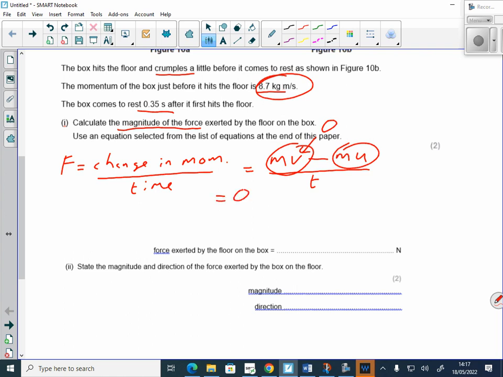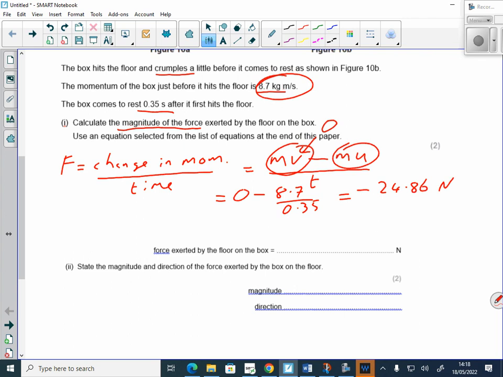So actually what we get is 0 take away 8.7, all over the time, which is 0.35. So you pop that into your calculator and you will get 24.86, or actually minus 24.86. And that's going to be newtons, because that's a force we're working out.